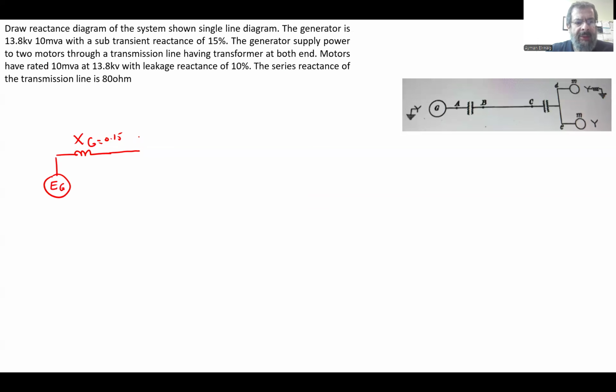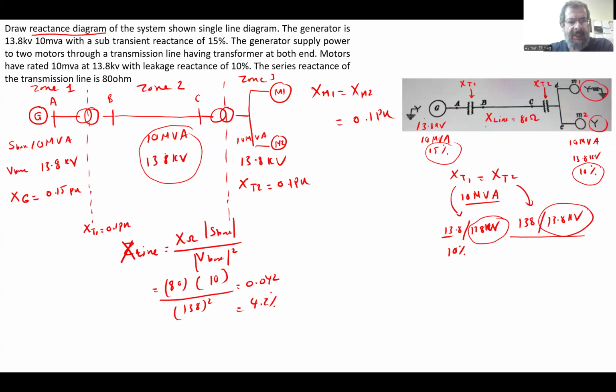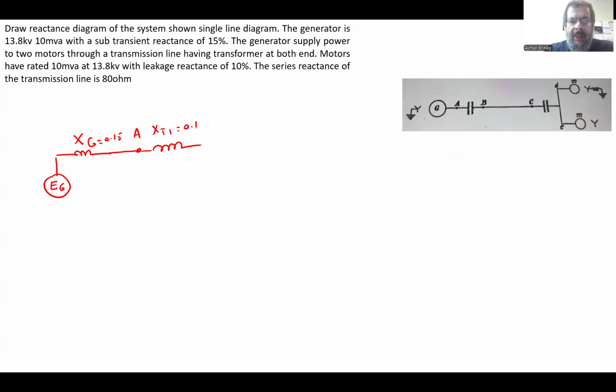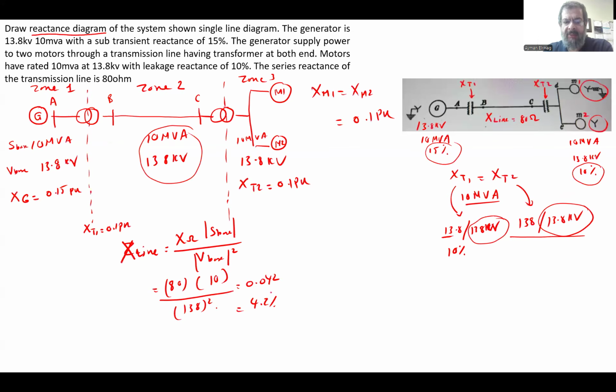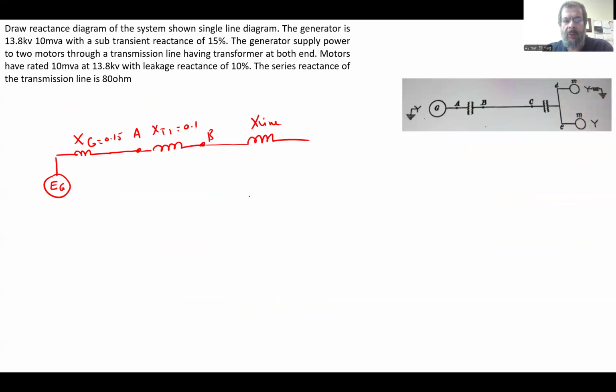This is point A. Then we have the transformer XT1, equal to 0.1 per unit. Then point B. Then X line, which we just calculated as 4.2%, or 0.042. And then point C.